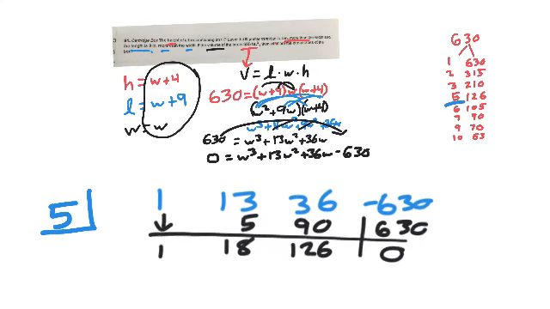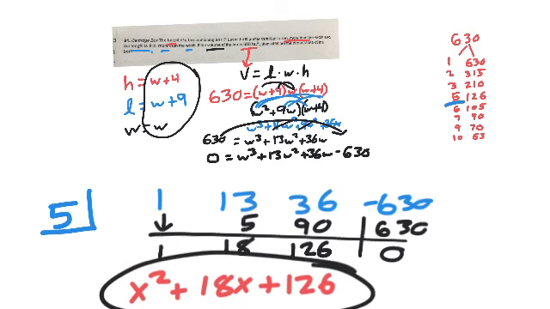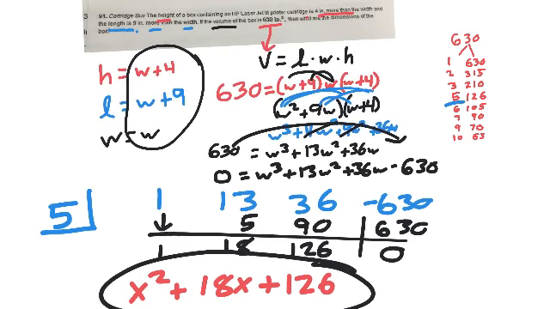Okay, so 5 did work. And what was left was x squared plus 18x plus 126. So my answer could still come from here. But since 5 worked, let's see if 5 makes sense for the entire problem.